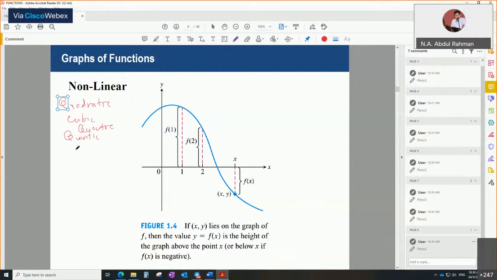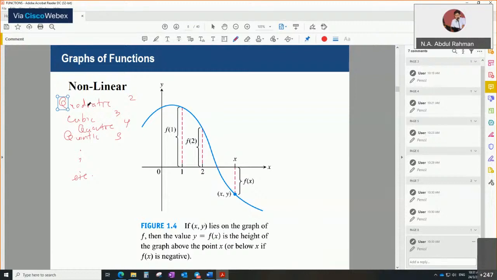Quartic is power of 4, and then we have quintic, power of 5. Quadratic is power of 2, then power of 3, 4, 5, and so on. And apart from this, we also have transcendental functions like the trigonometric functions. You still remember tangent, sine, cosine. Those are non-linear, something that cannot be represented by a straight line.